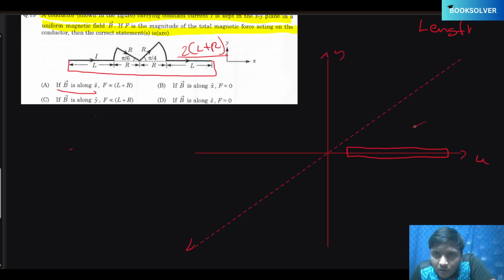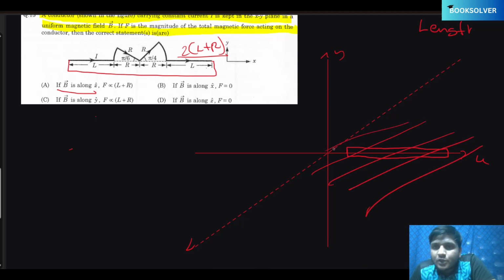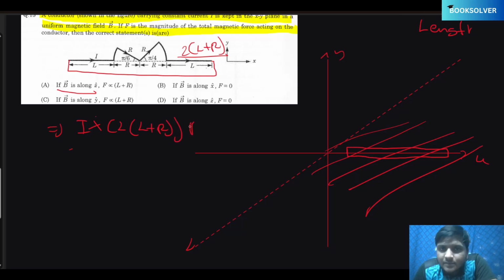If B is along here, it means it is perpendicular to our rod. So the force formula will be nothing but I times the vector length, that is 2 times L plus R, times B. And they are asking whether the force is proportional to L plus R. Obviously, we can see that the force is proportional to I, L plus R and B. Hence, this option is correct.